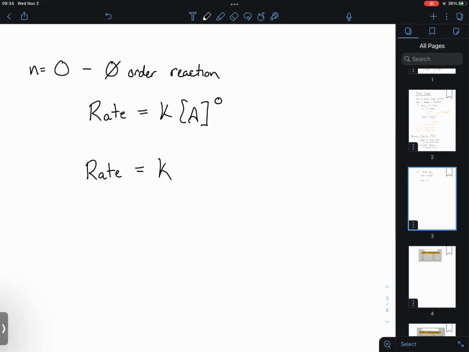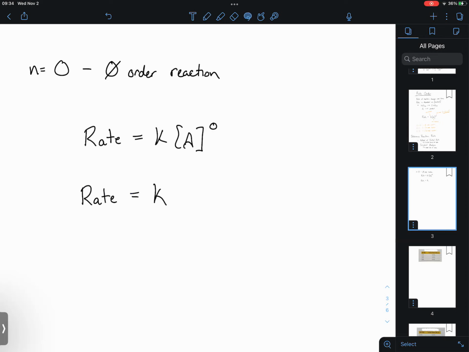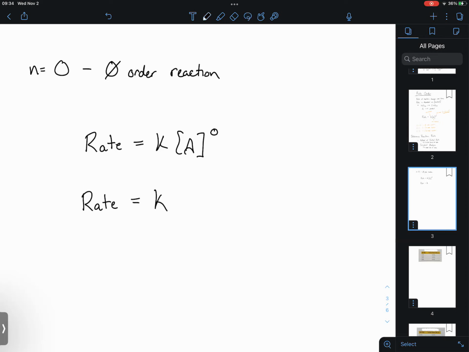What's going to characterize a 0 order reaction is that it's independent of your reactant concentration. Many reactions will depend on the concentration of the reactant, unless it's a 0 order reaction, which is independent of the value of A.